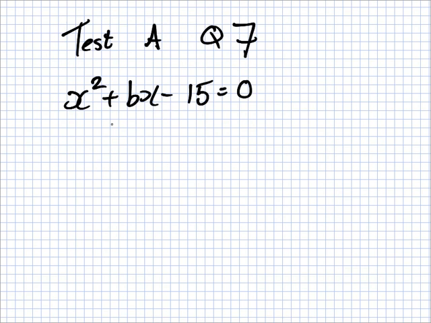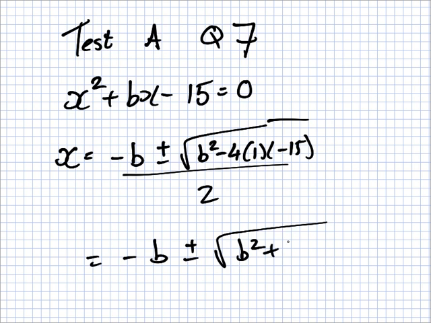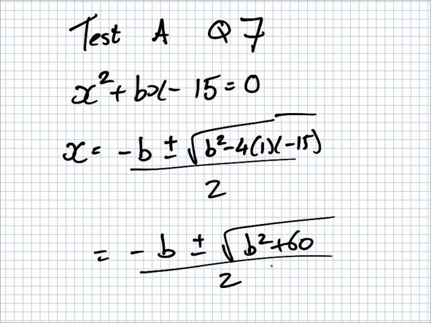If you think about it, the solutions are x equals minus b plus or minus square root of b squared minus 4ac, all over 2a. So that's minus b plus or minus square root of b squared plus 60, all over 2. Now really, the only problem is here.